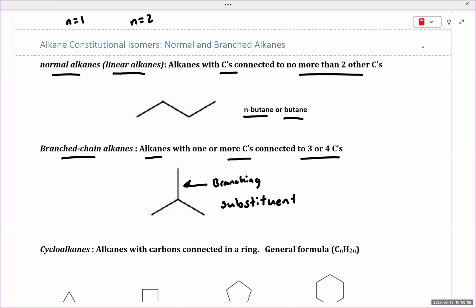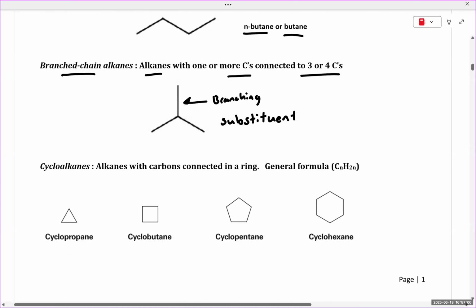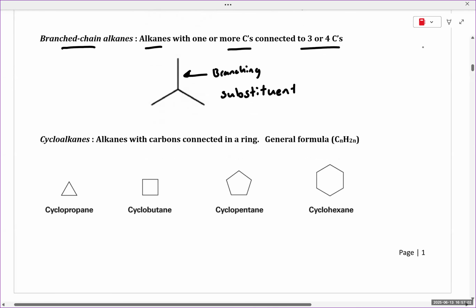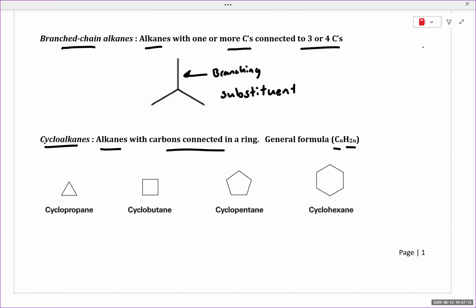Now, there's one last category of alkane that's going to become really important, especially in future chapters, which are these cycloalkanes. Cyclo, cyclic. Cycloalkanes are alkanes with carbons connected in a ring with a general formula of CnH2n.